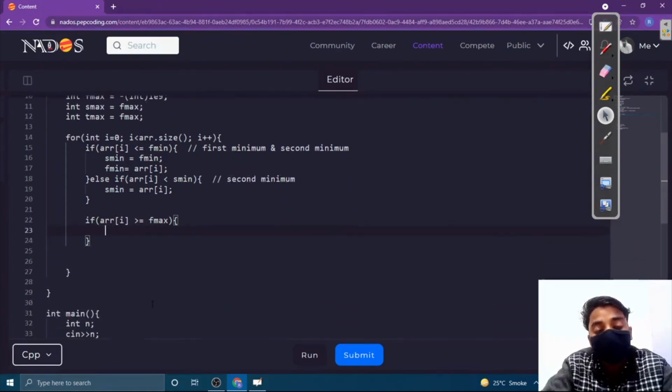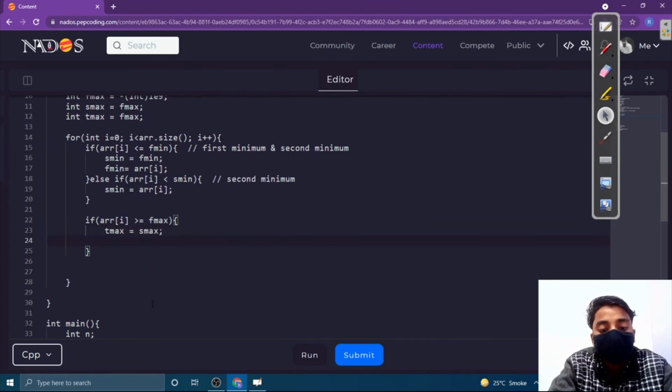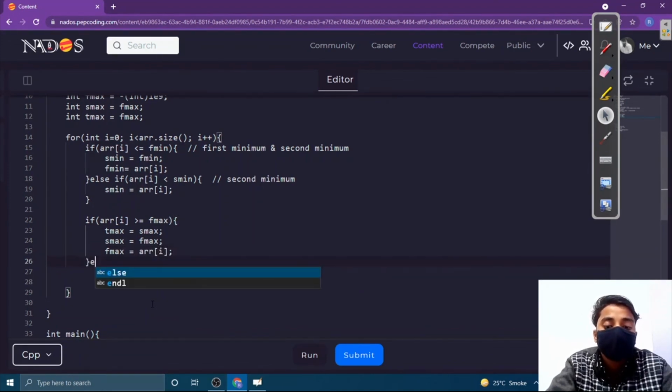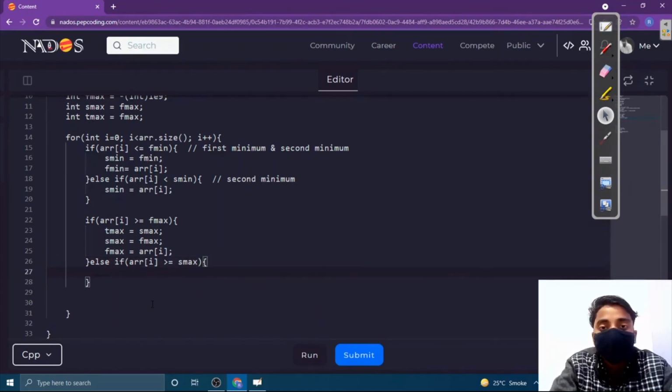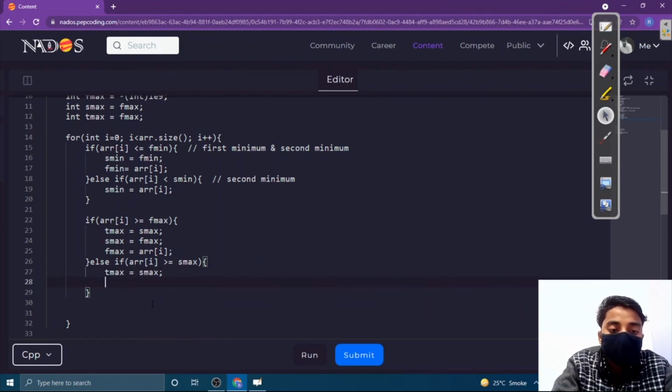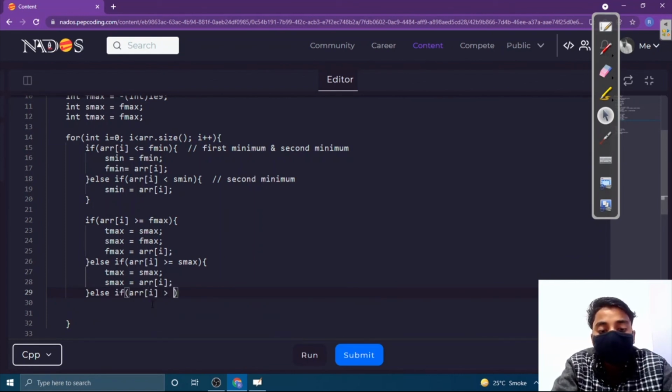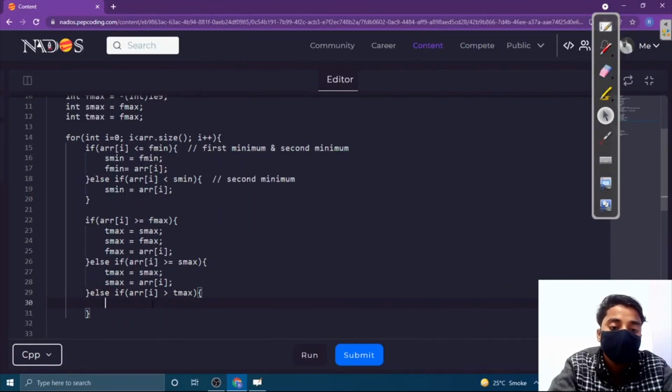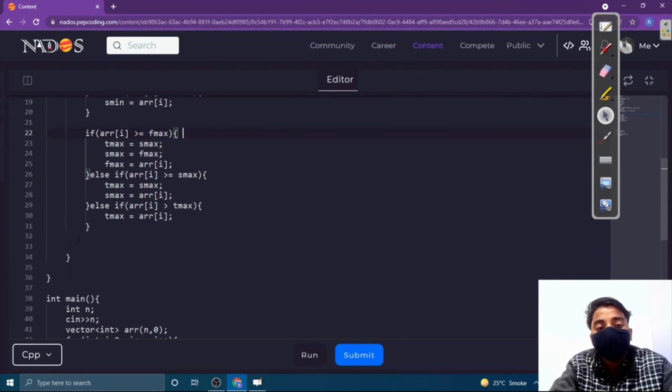If it is true, we need to update the third max by the second max, the second max will be updated by the first max, and the first max will be updated by array at I. Else if array at I is greater than or equal to the second max, this time third max will be updated by second max, and second max will be updated by array at I. Else if array at I is greater than the third max, this means third max will be array at I. So these are the conditions for the first max, second max, and third max updation.